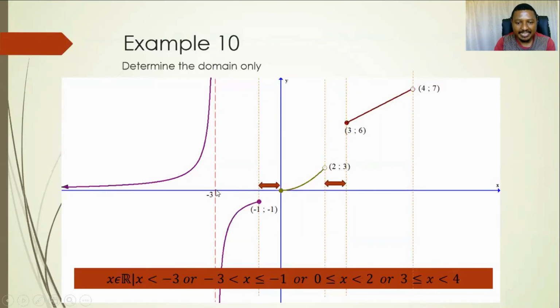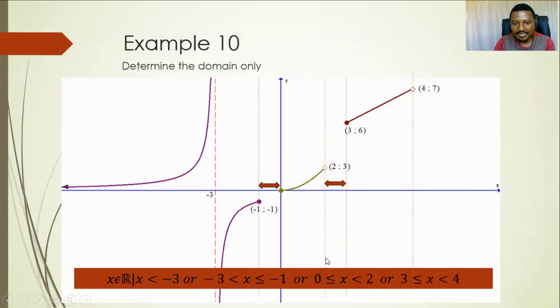And again we have this interval above minus 3 up to minus 1, and minus 1 is included because we have a shaded circle there. So we say x is strictly greater than minus 3, but x is less than or equal to minus 1. So we're done with this part. Another one where the function value is defined is from 0 up to 2.